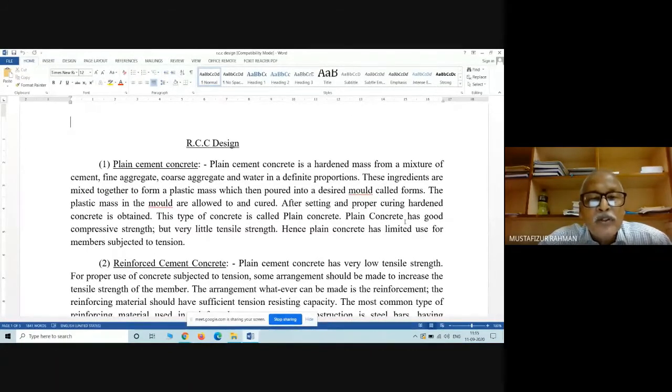So yesterday I told you how we arrive at concrete. It is three materials: binding material, sand and coarse aggregate, together with water. Before adding water they are individual and dry.